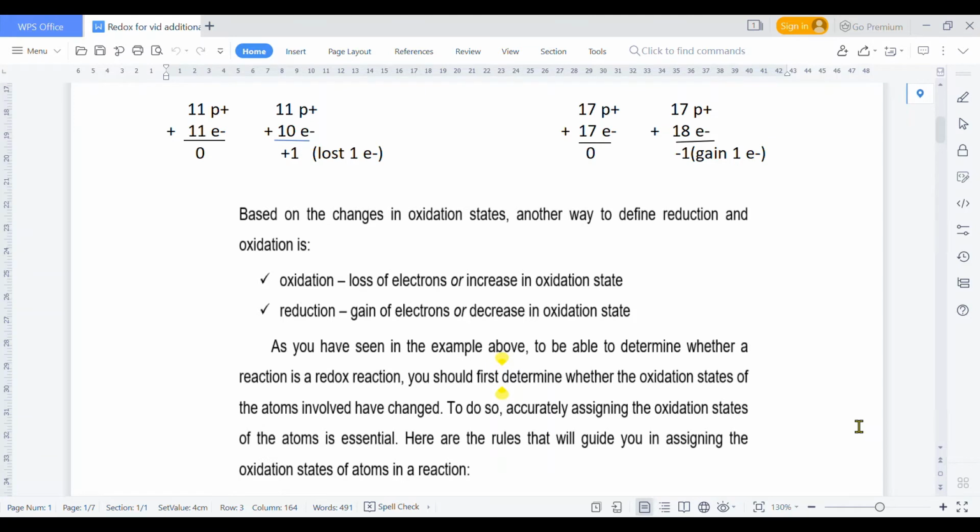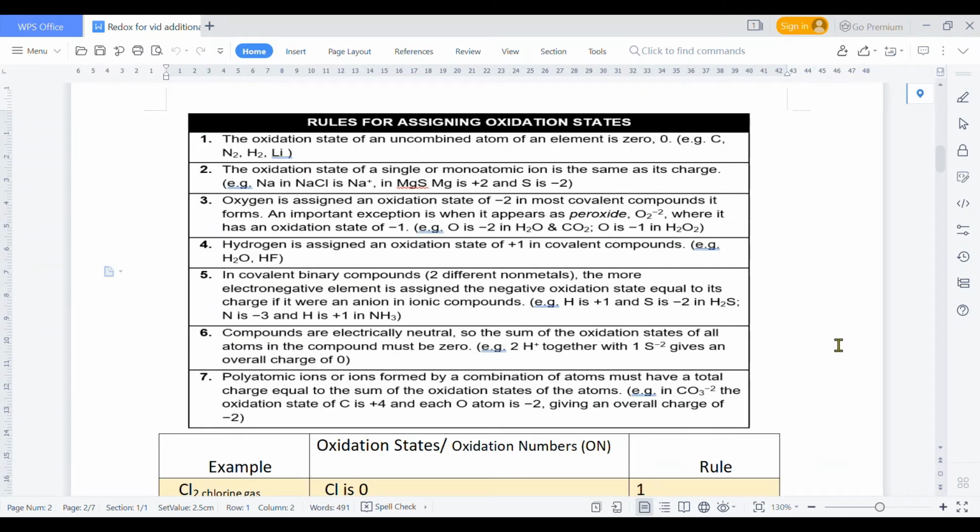Here are the rules that will guide you in assigning the oxidation states of the atoms in a reaction. 1. The oxidation state of an uncombined atom of an element is 0. For example, carbon, nitrogen gas, hydrogen gas, lithium, and from the previous example above, sodium and chlorine gas.